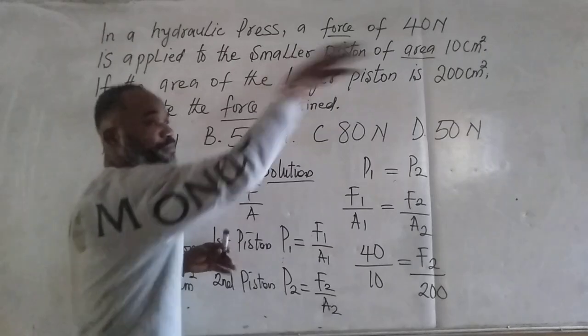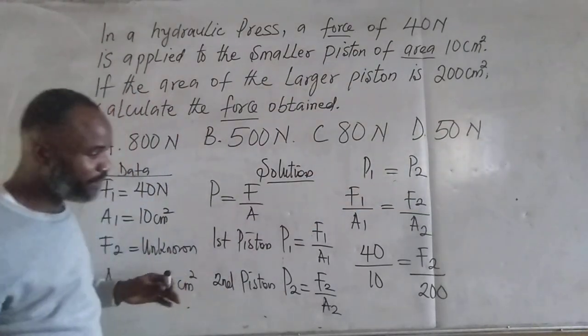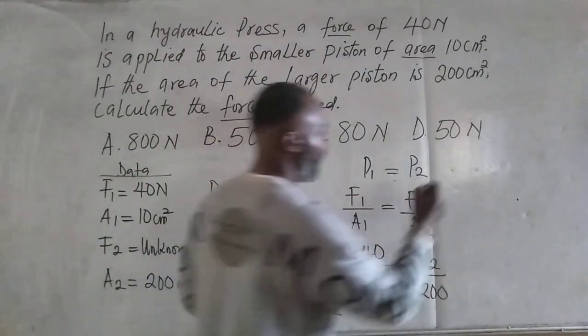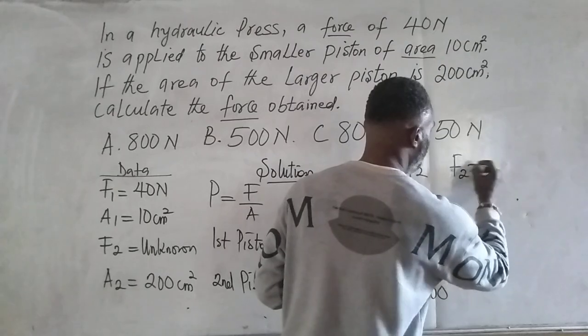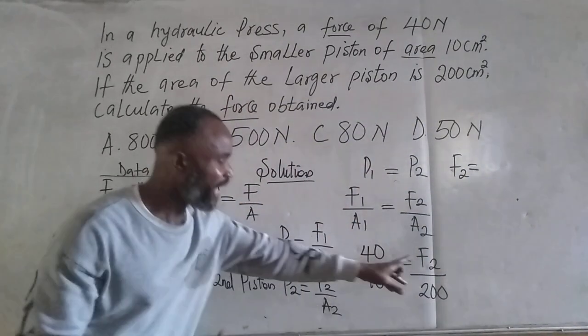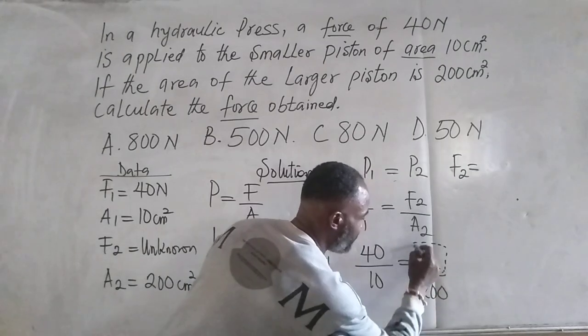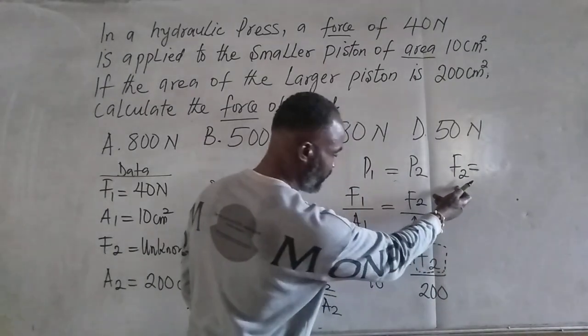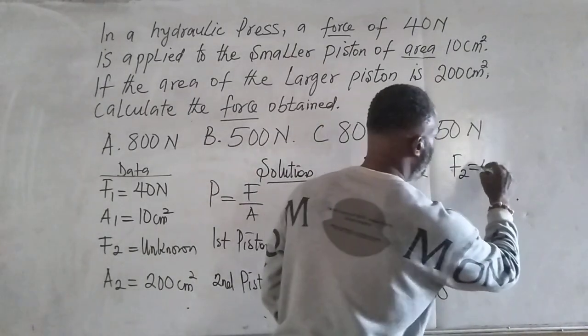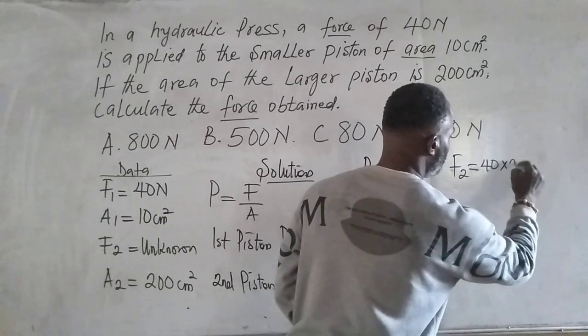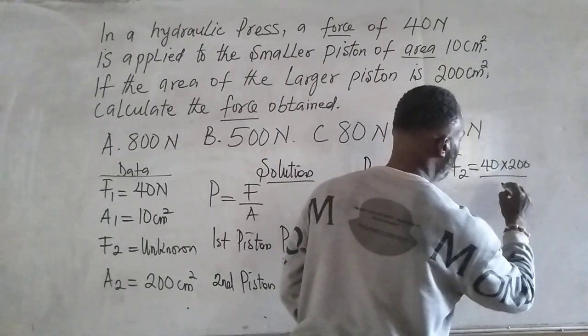We make F2 the subject. It becomes F2 is equal to 40 times 200 all over 10.